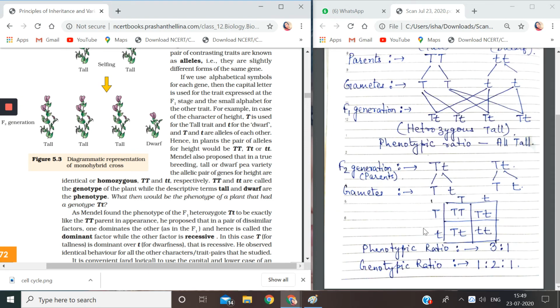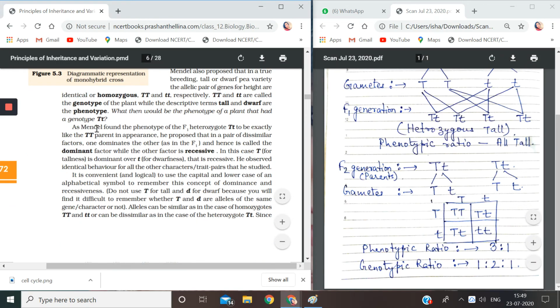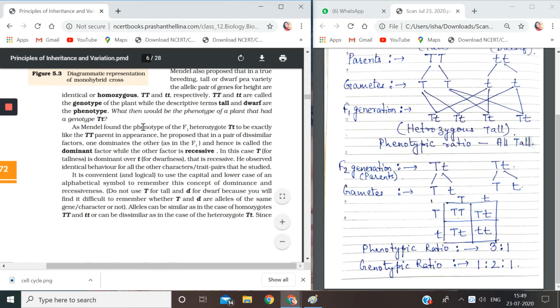Okay, children? And here in your NCERT, they are just defining the same things that I have just taught you. Mendel found that the phenotype of the F1 heterozygote Tt is exactly like the parent capital T in appearance. He proposed that in a pair of dissimilar factors, one dominates and hence is called the dominant factor, while the other factor is recessive. We have done this here.